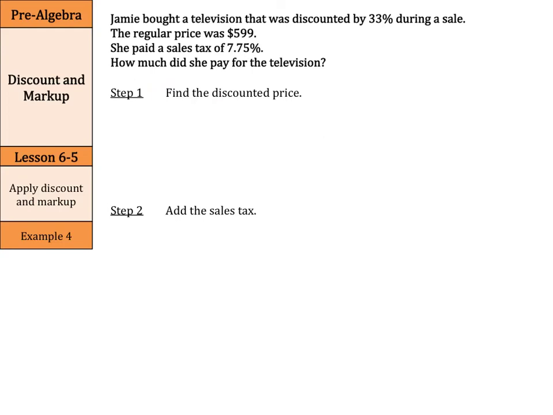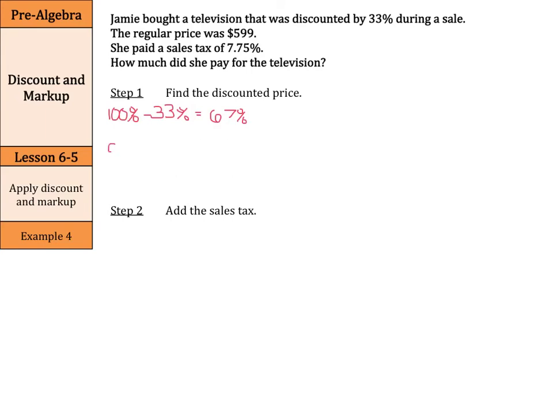If the amount of the discount is 33%, then the discounted price is going to be 100% minus the 33%. So our discounted price is actually 67% of the regular price. So we need to find 67% of $599.